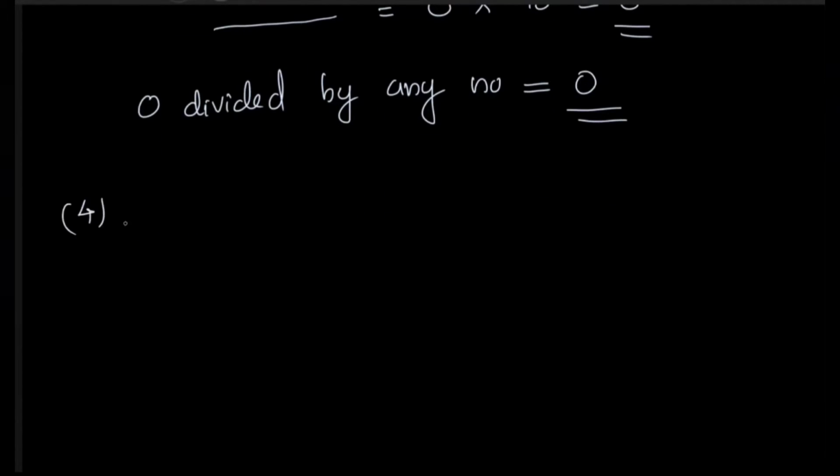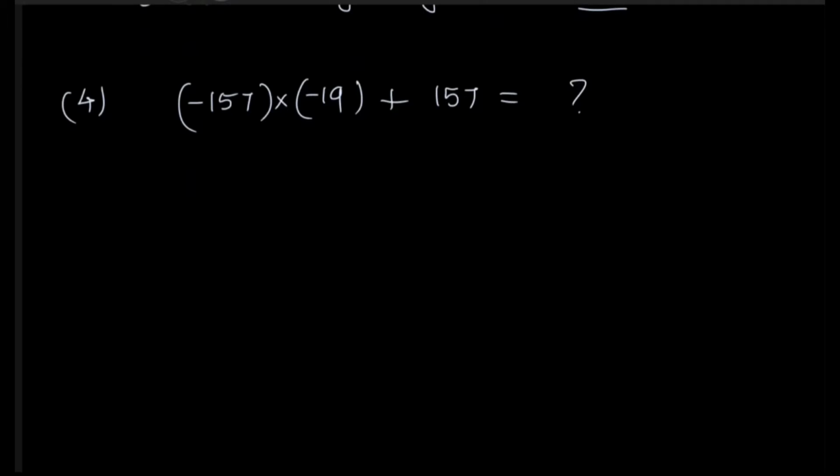Next is our fourth question, that is, negative 157 into negative 9 plus 157 equal to dash. Here we can apply the distributive property.